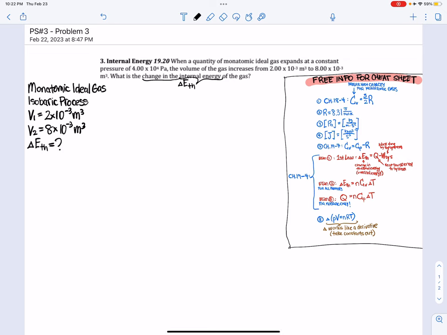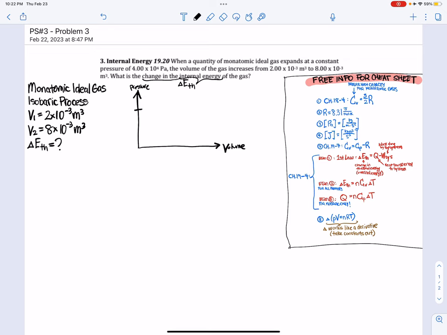Let's draw that out. What does that look like in a PV diagram? So that's our volume line, and this is our pressure line. I know that I have constant pressure, so this will be my constant pressure.